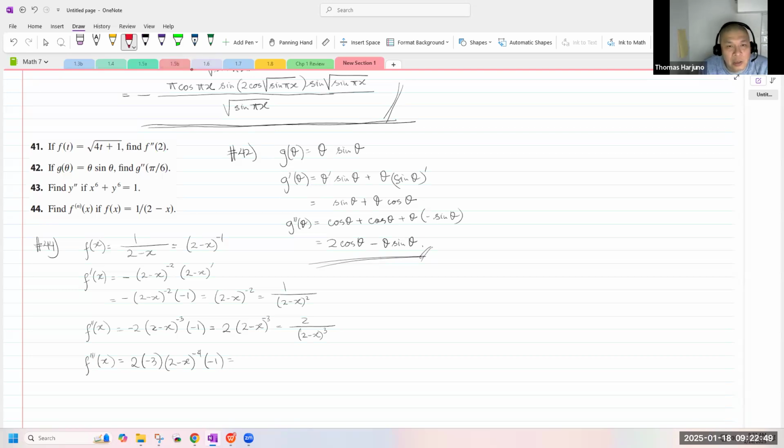I originally thought that the nth derivative would be n over 2 minus x to the power of n plus 1. That's what I thought. But apparently we have 6 now, which is coming from 3 times 2. So this is 3 times 2 over 2 minus x to the power of 4.